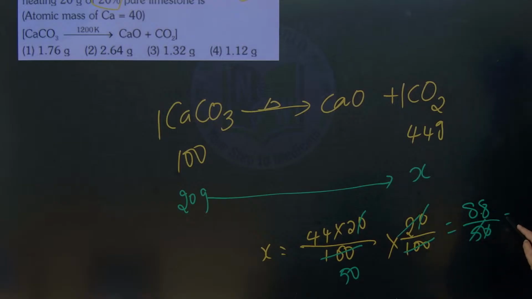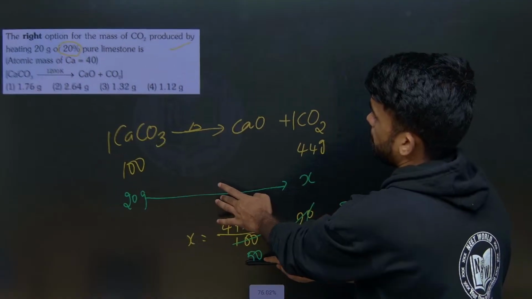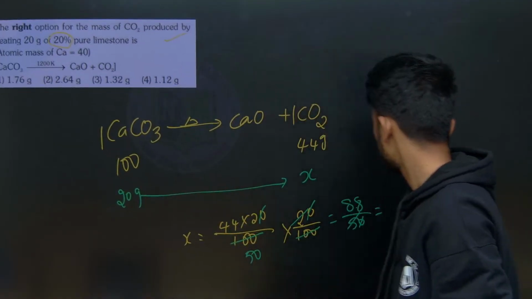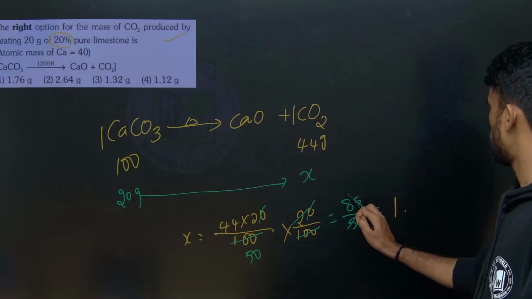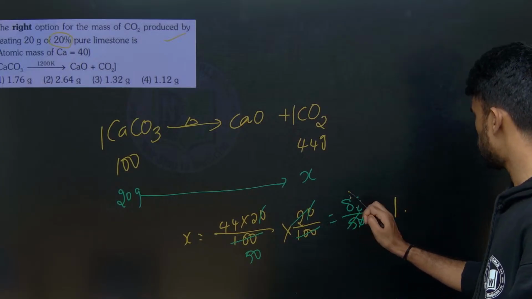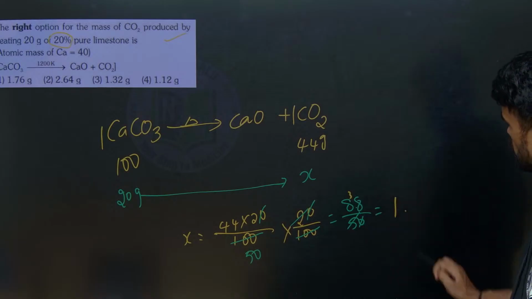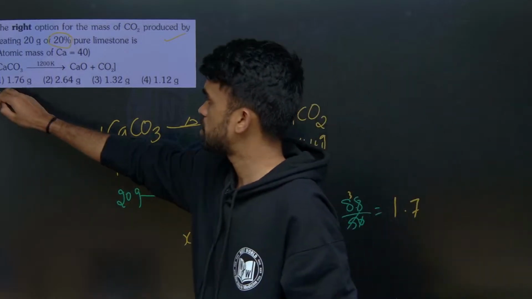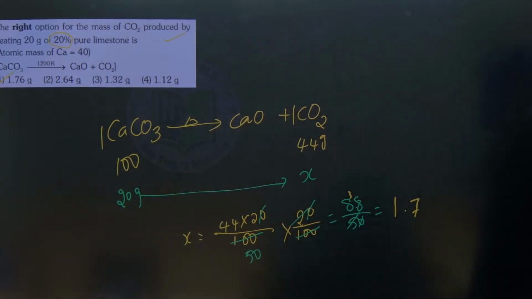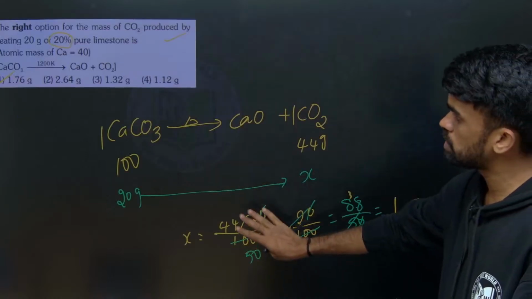So this will be 1.76. Only one option we have: option number 1, 1.76. That will be our answer. I hope it is clear. How can we do it using this unitary method?